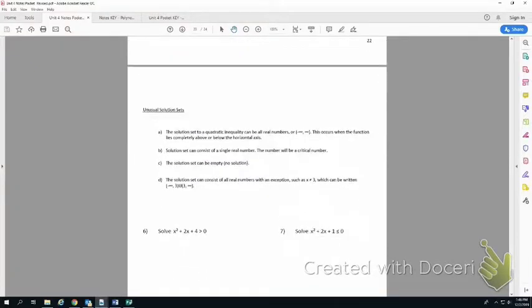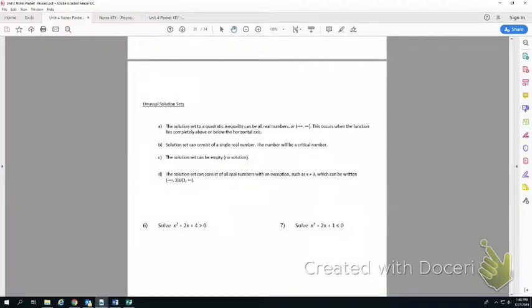This is talking about those different situations that you could possibly see. I'm going to talk about these out of order because I think it makes a little more sense. It's grouping them. Looking at A, it says the solution set to a quadratic inequality can be all real numbers. This occurs when the function lies completely above or below the horizontal axis.